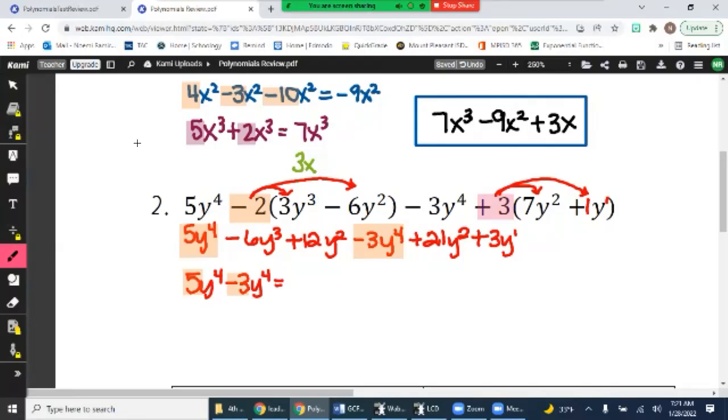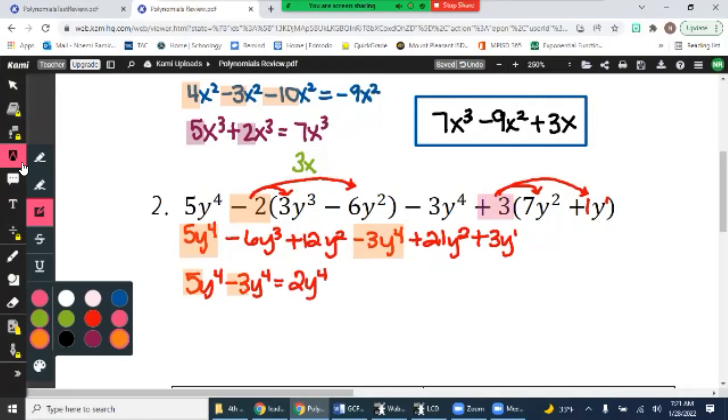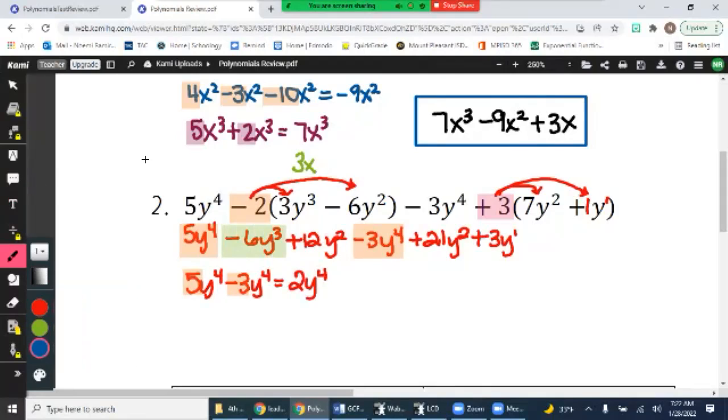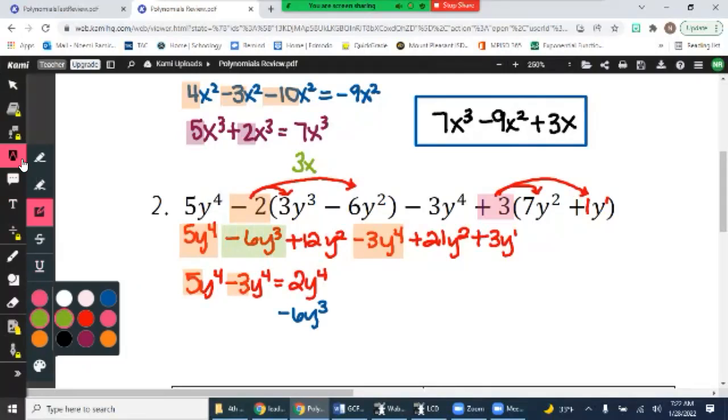So 5 minus 3 gives us 2y to the fourth, and the exponent doesn't change when you combine. Let's move on to the next one. We have negative 6y cubed. Keep going. Nothing else combines with it. So negative 6y cubed stands on its own.